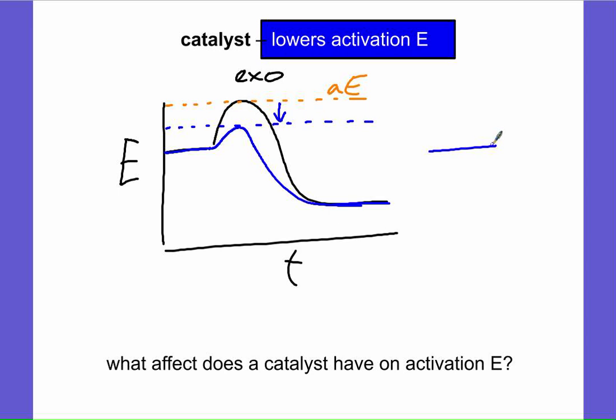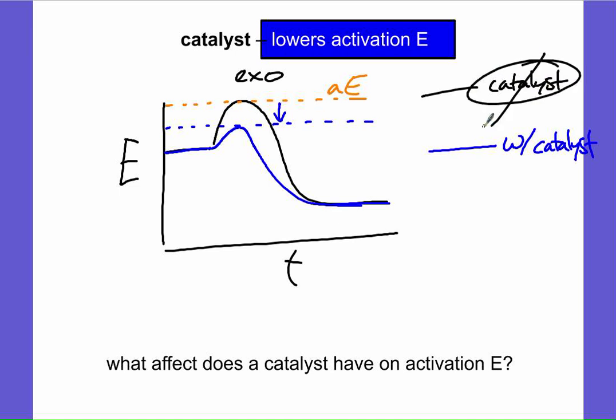You need to understand that that's my energy curve with the catalyst versus my original line, just that black line, that was without a catalyst. Without a catalyst, I had to get all the way up to here to start my reaction. But with the catalyst, I lowered that activation energy and I didn't need to add as much energy to my system to get things started.